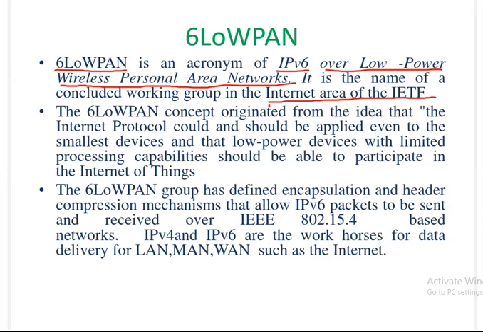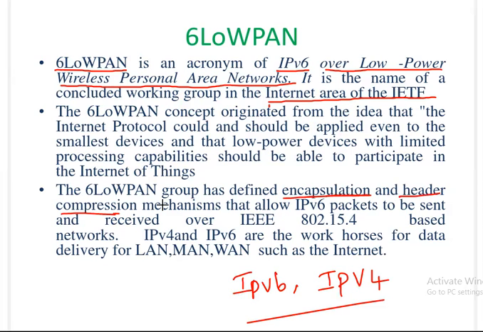So when we want to integrate these low power devices straight away into the internet, which already uses either IP version 6 or IP version 4, we need to define a proper encapsulation technique, encapsulation and header compression mechanisms, so that it can communicate with the IP version 6 network straight away.